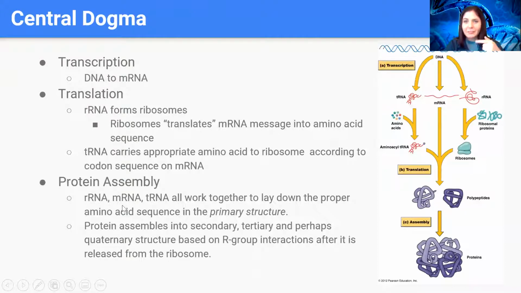Messenger RNA is taking the message from the DNA in the nucleus outside, and then transfer RNA is bringing those anticodons and the amino acids, and they put them together, and it makes the primary sequence of a protein, which is just that sequence of amino acids. The protein then assembles into secondary, tertiary, and sometimes quaternary structure based on those R group interactions after it's released from the ribosome.